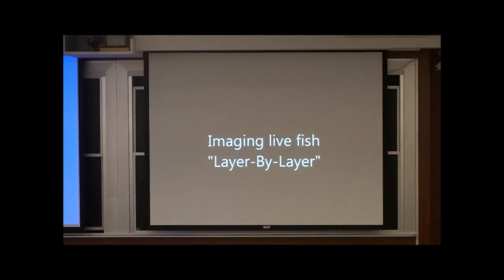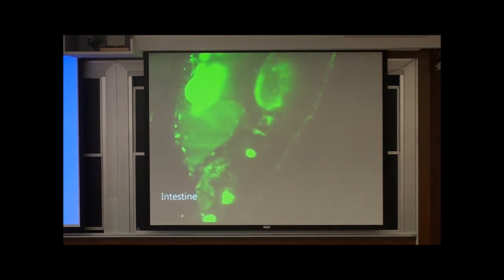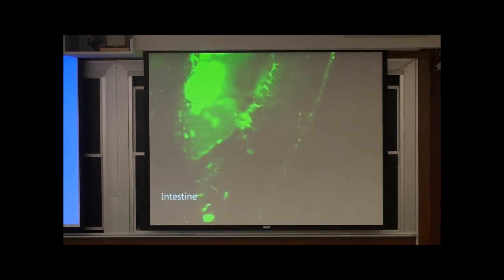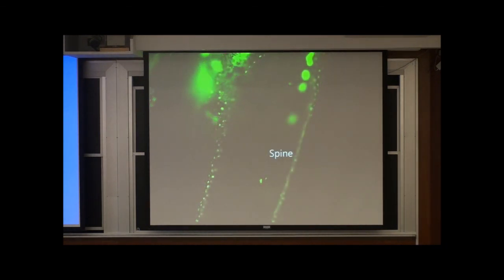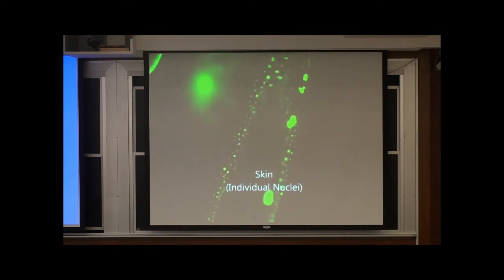Another issue is imaging this kind of fish layer by layer. Although you can image the thing, this is the intestine, and going into the outer layer you can see the blood flows. These are some of the blood cells flowing. Now you can go to the outer layer and see the individual cells on the skin.